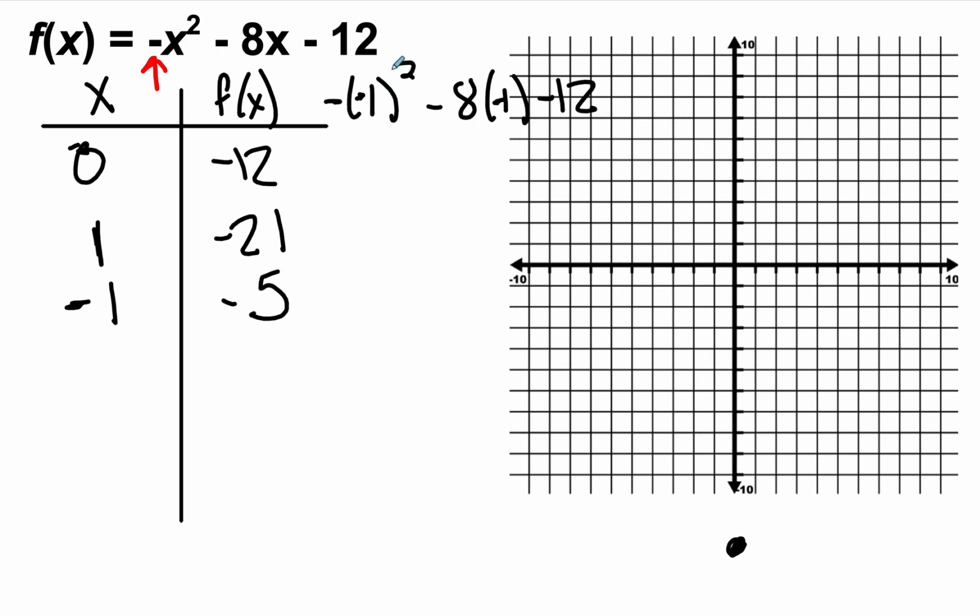Okay? So again, -1 minus -8 is -1 plus 8, which is 7. 7 minus 12 is -5. Okay.